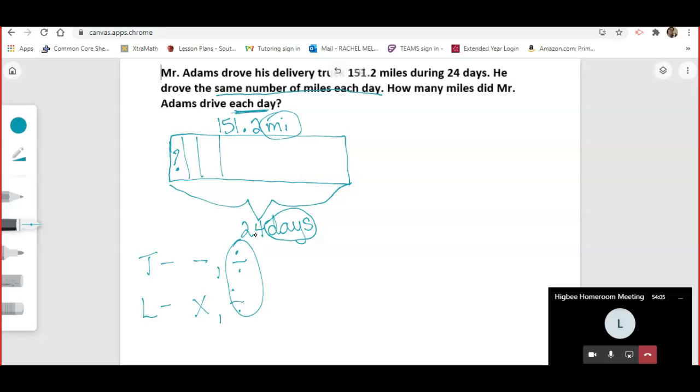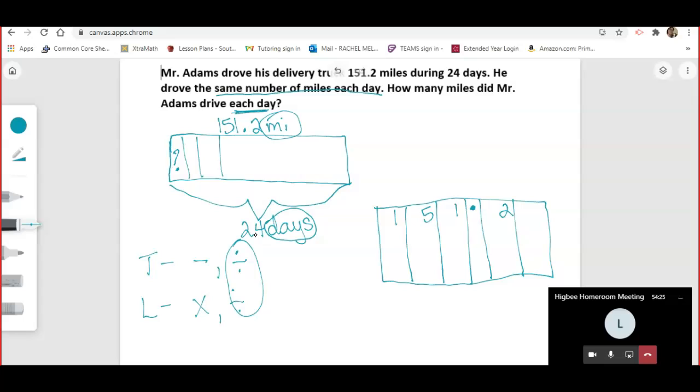So now I'm going to do 151. I think I might have to have another 0 after, so I'm just going to keep this. If I don't need it, I can always cross it off later.